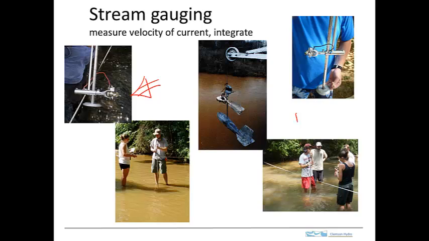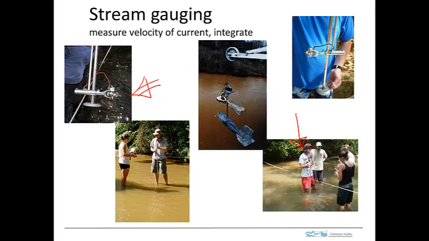You can see this guy here has headphones on, and he's listening for these clicks. He counts the clicks, and then you take the number of clicks per unit of time, clicks per minute, and that correlates to the flow rate. And there's a little table that does that correlation.